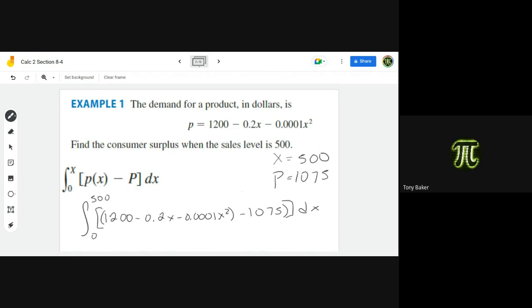This one's an easy calculation. So 0 to 500. Put the 1,000 and the 1,200 together, you get 125, minus 0.2x minus 0.0001x squared dx.